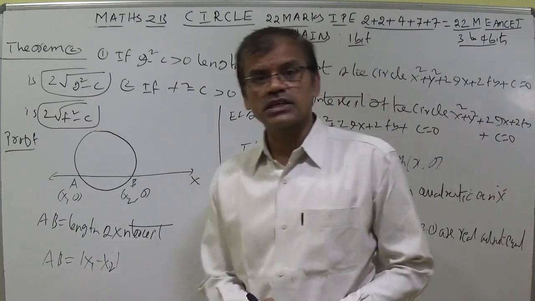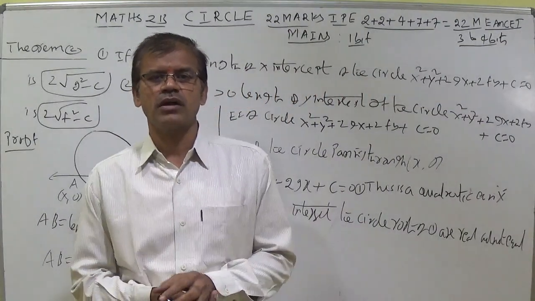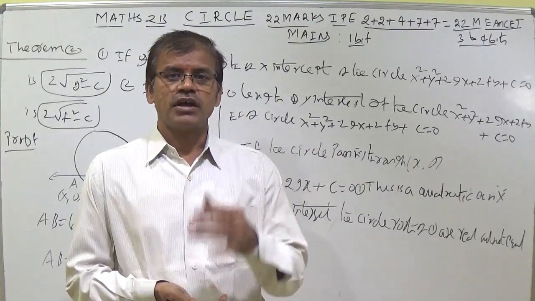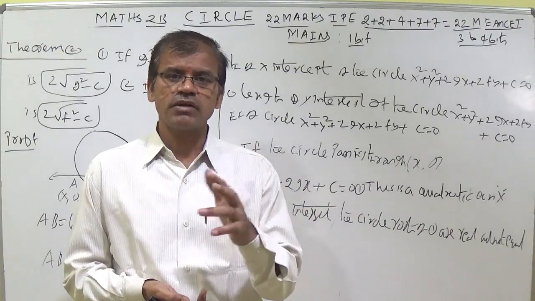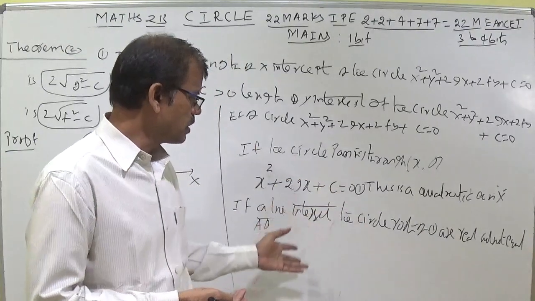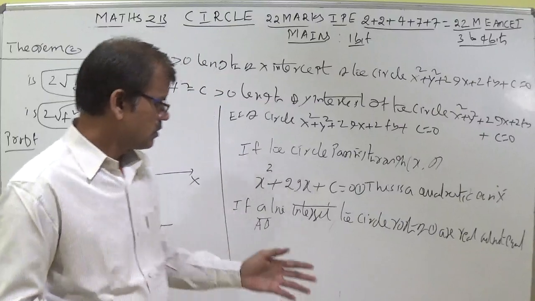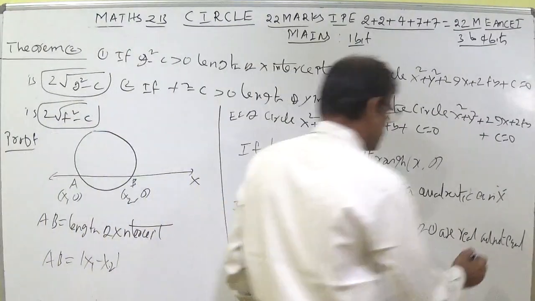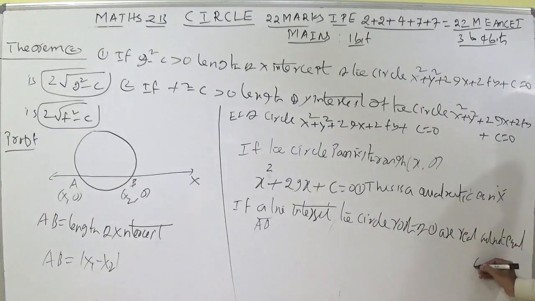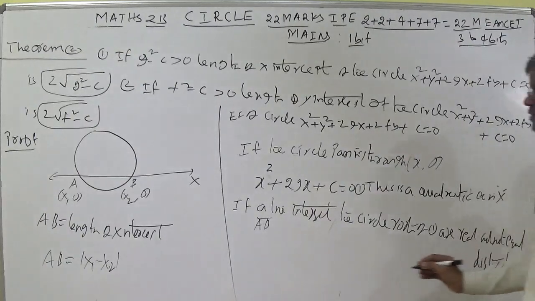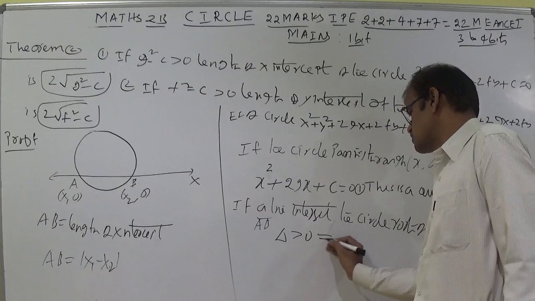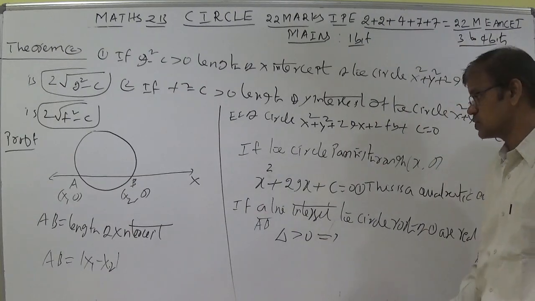Because if it is intersecting in two distinct points, a quadratic equation has a maximum of 2 roots, and the roots should be real and distinct. Real and not equal means real and distinct. Then whenever the roots are real and distinct, delta is greater than 0.